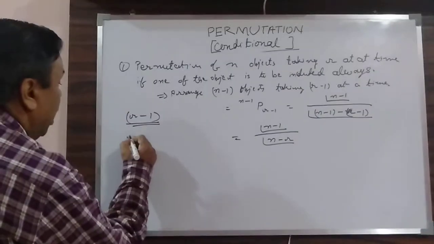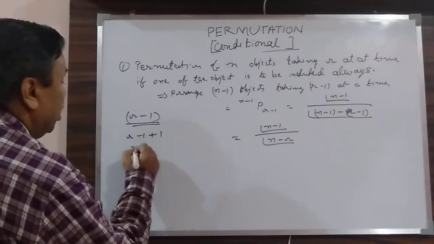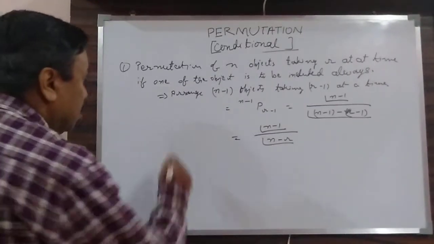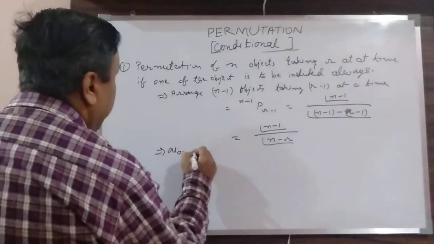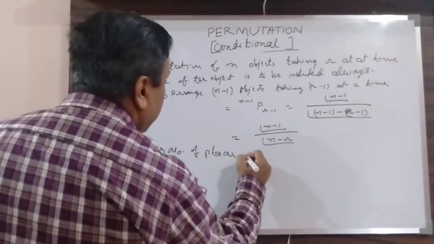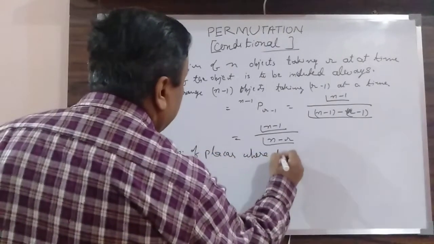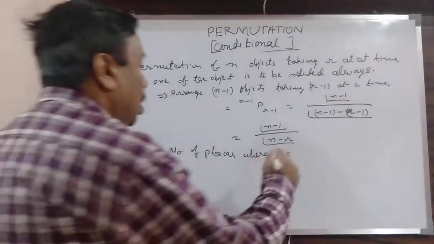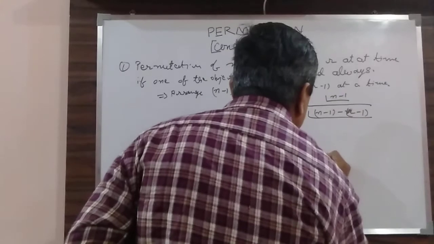That will be r minus 1 plus 1, or it will be r. So what is this? So now the number of places where the compulsory item or the compulsory object can be placed.